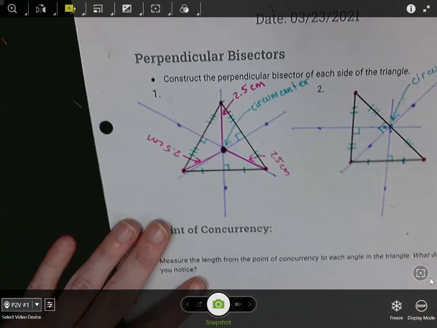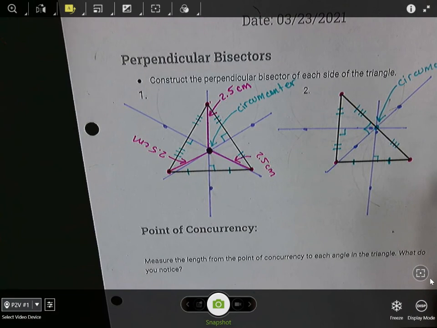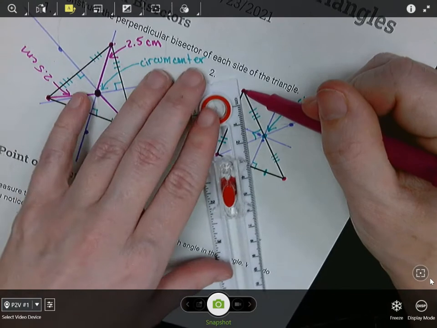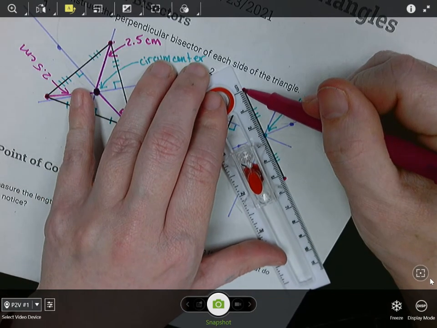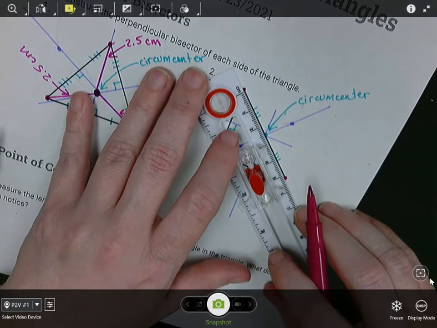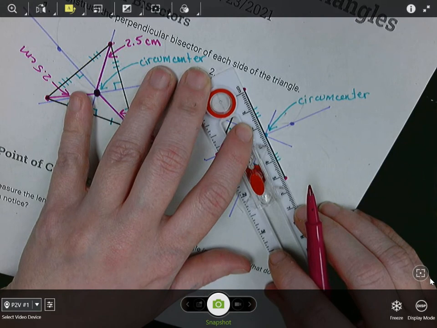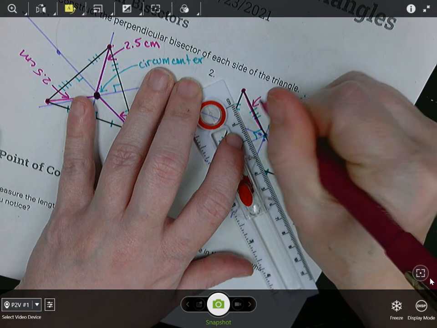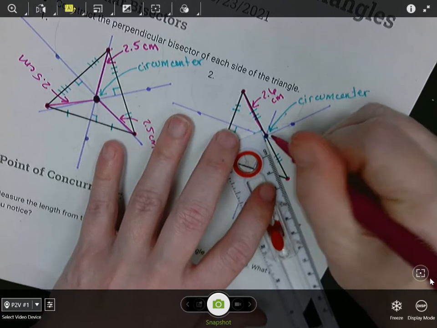Okay, do you think it's going to be the same case here on this one? Perhaps. Let's try it and see. Let's measure from this angle, from the centimeter mark to this one. How many centimeters would you say that is? I would say it's a little bit more than 2.5, maybe about 2.6. What about from this point?